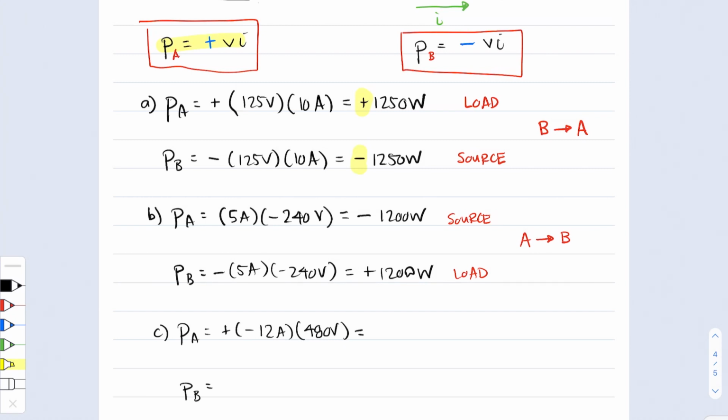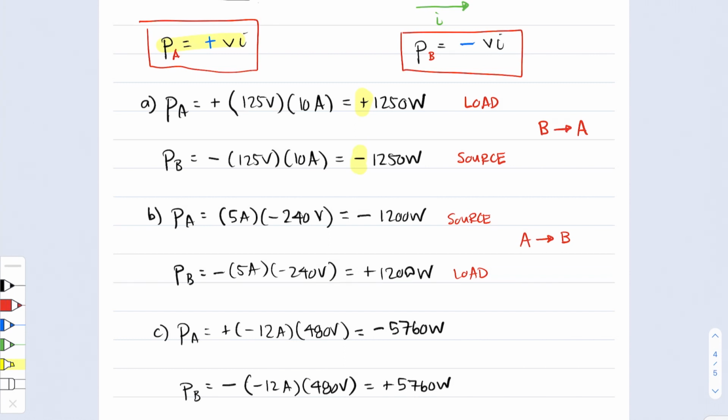Let me pull out my calculator to calculate that. I can't do that in my head. So 12 times 480 is minus 5760 watts. Similarly, for PB, I add in the minus sign by hand. We have minus 12 amps times 480 volts. That yields positive 5760 watts.